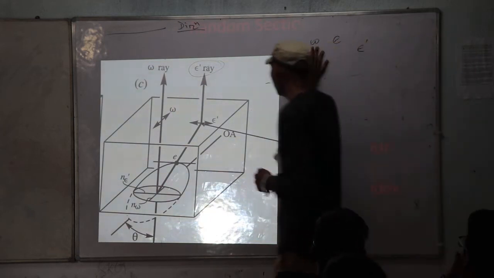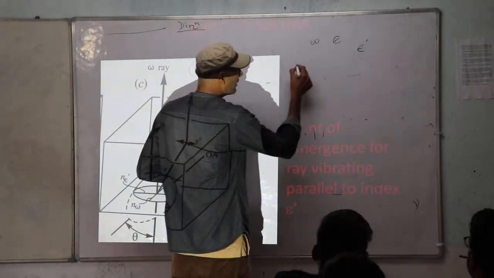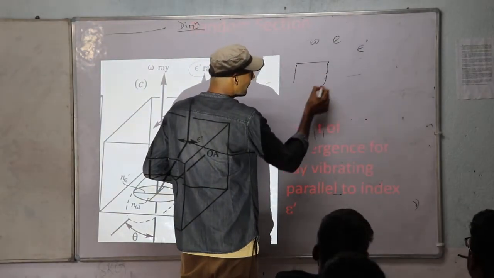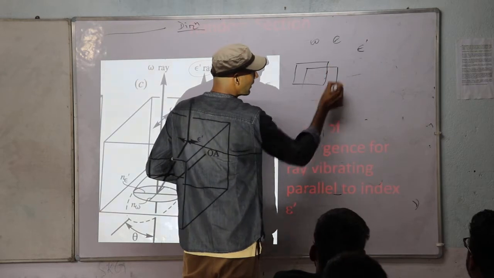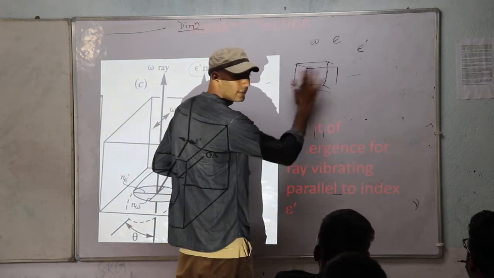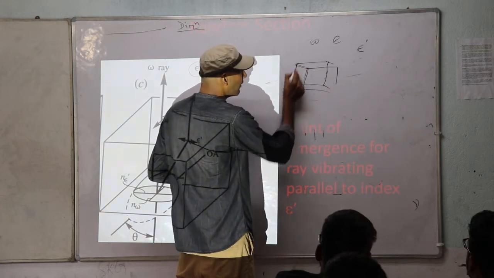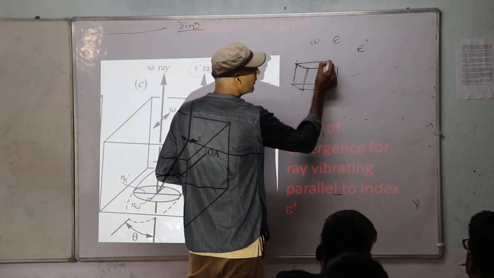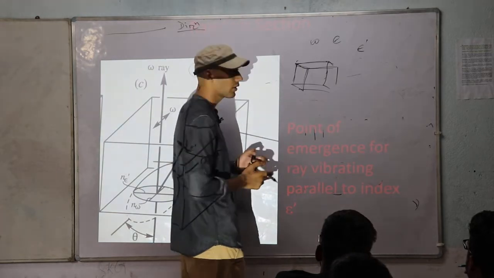For the ordinary ray, it has the same refractive index in different sections of the mineral. This is a mineral, it has different sections. One is this section, one is this section, one is this section. Principal section I am talking about.